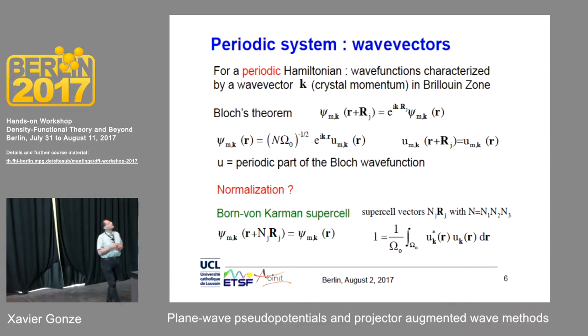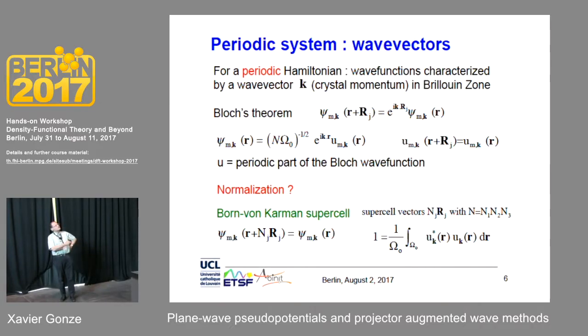We work with a periodic system. We must have the wave vector characterization of the wave functions thanks to Bloch's theorem. Indeed, for a periodic Hamiltonian, this was proven by Bloch in 1928 or something like this, so a long time ago, the wave functions can be characterized by a wave vector or crystal momentum in the Brillouin zone.